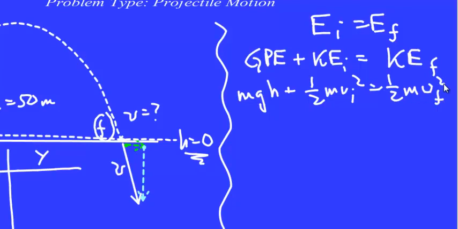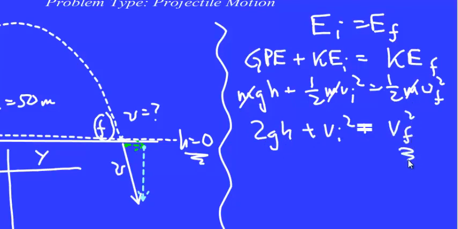We know from our earlier kinematic studies that elephants, feathers, pennies, and cars all fall at the same rate in the absence of air resistance, and that's why you see mass canceling out here. If I multiply everything by 2, I get this expression that I can then solve for the final velocity. One equation, one step essentially.